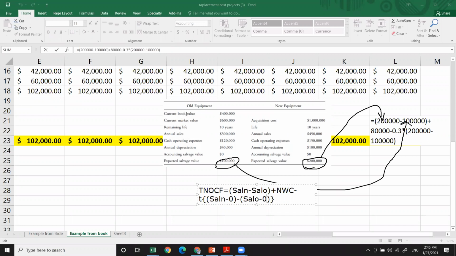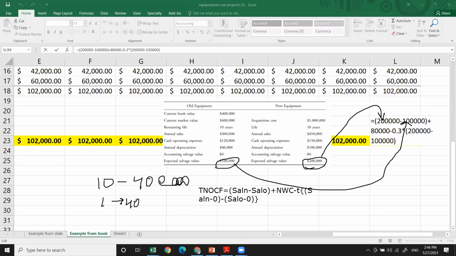But in here, current book value 400,000, but still we have 10 years. After the 10 years, what will happen to this book value if annual depreciation is 40,000? For 1 year, we spend 40,000 of our equipment.